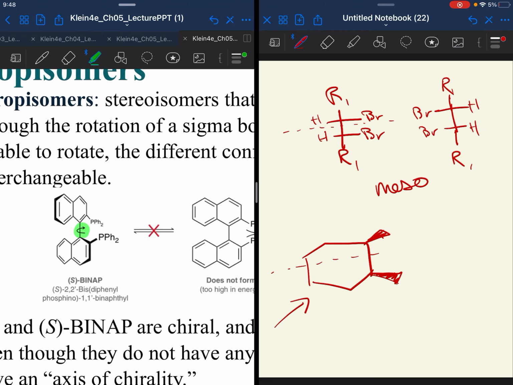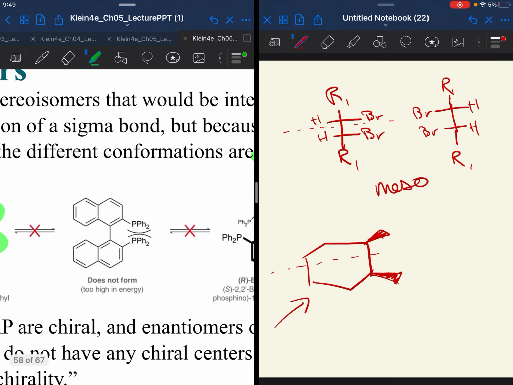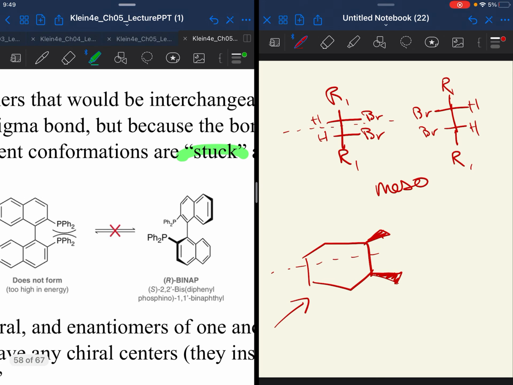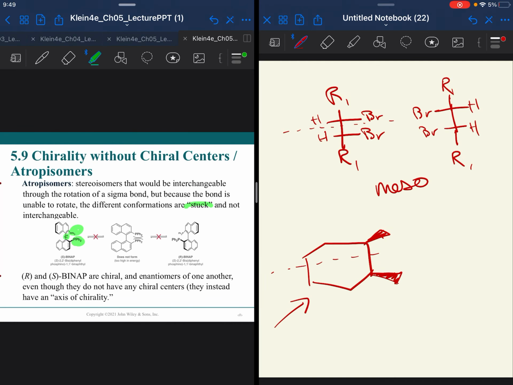There should be free rotation. But PPh2 is phosphorus with 2 benzene rings on it. So you have these 2 enormous groups right here. So when you try to rotate, they knock into each other. And so it prevents it from rotating. And so you actually get 2 optically active stereoisomers just because this big bulky interaction keeps it from rotating.